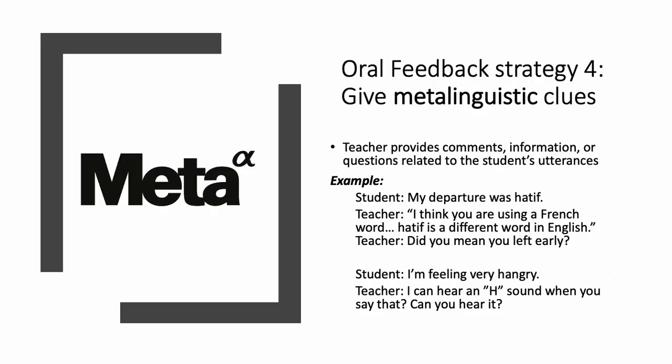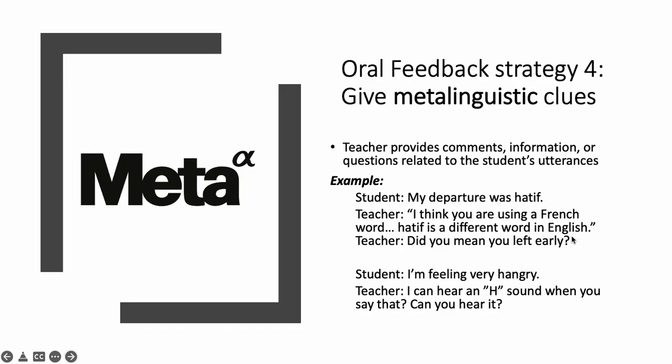The next one is giving metalinguistic cues. So if students know enough about a language, you can provide information about a student's utterance that can help them. So if a student would say something like, my departure was hâtif, teacher can say, I think you're using a French word. Hâtif is a different word in English.